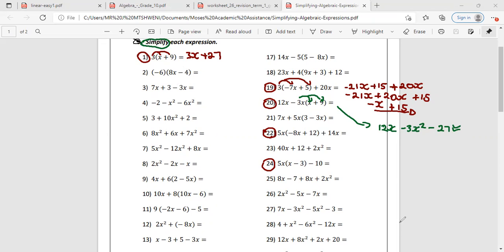Then I come to number 22. I start here. Positive 5 multiplied by 8, you get a negative 40. Then x multiplied by x, you get x squared.